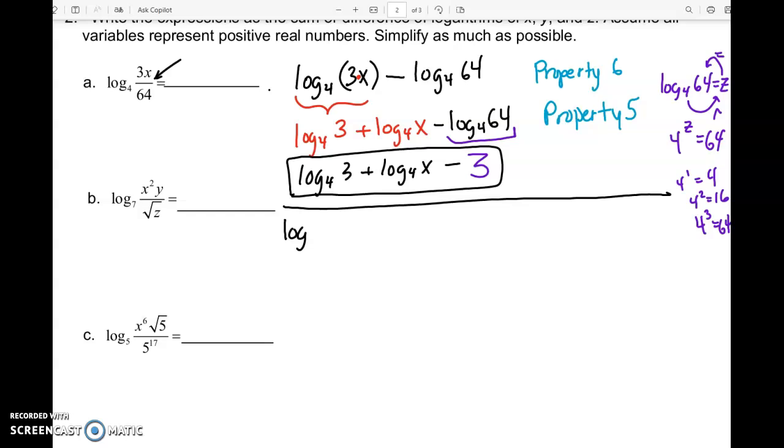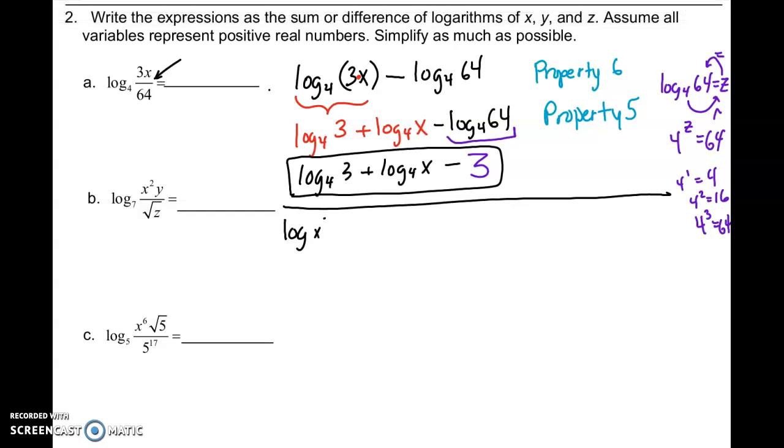For the next one here, I'm going to use the quotient property first, and I will say this. Then I'm going to use the product property and split this apart because I have x squared and I have x squared times y.